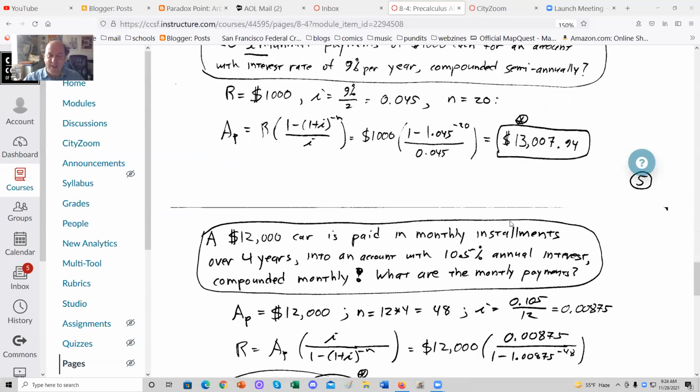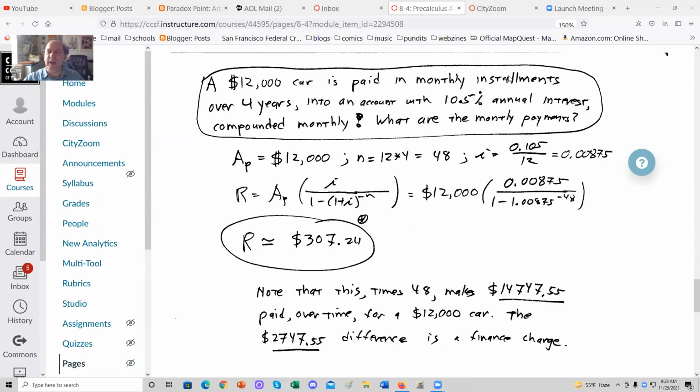Here we have a $12,000 car paid in monthly installments, so an amortization, a mortgage, over 4 years, at 10.5% annual interest compounded monthly. The present value is 12,000, and 12 months over 4 years makes 48 payments. The interest rate is 10.5% over 12 months, per month, so that comes out to 0.00875. What's the monthly payment? Present value times i over 1 minus (1 plus i) to the negative n.